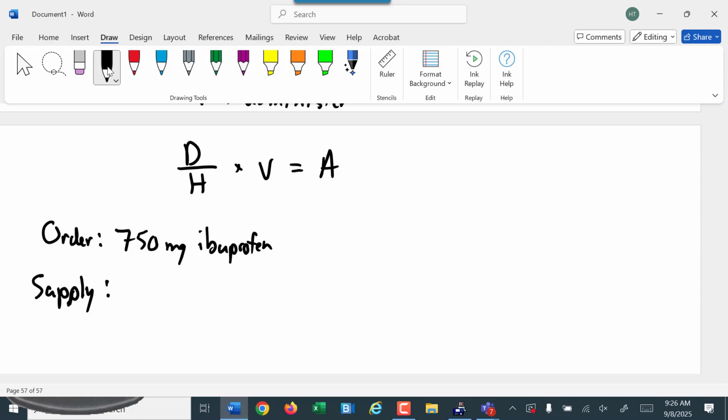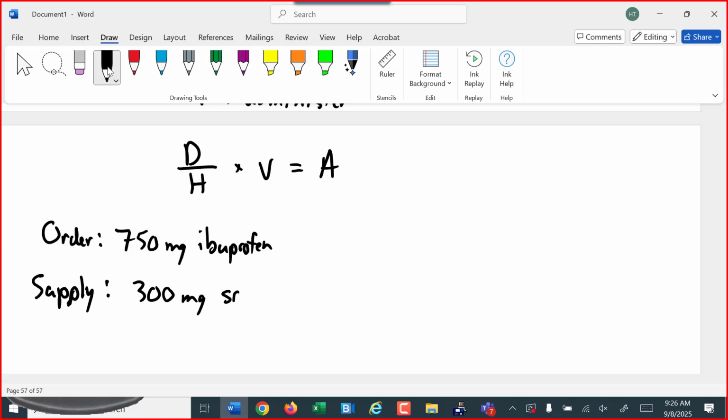So our supply here is 300 milligram scored tablets. And I know Karen will go over this a lot more later, but when you see scored, that means you can break them in half so that you can go to a half tablet. If it's unscored or if it's a capsule, you'd have to go to the whole capsule.